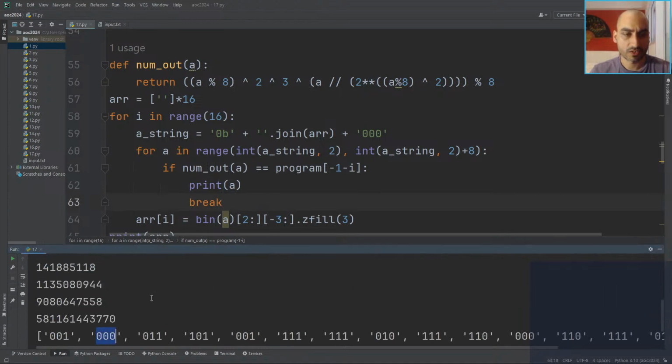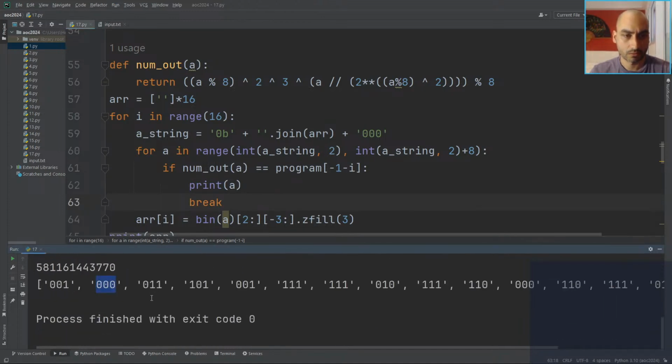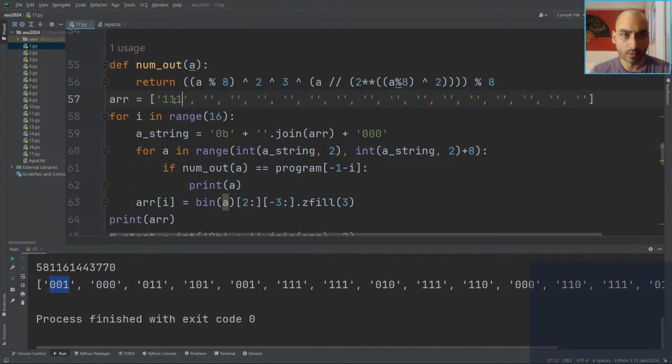We've got 0, 0, 0. Why did I not get that now? 0, 0, 1. Oh, that array was wrong. Yeah. Why did I have 1, 1, 1 there? We got 0, 0, 1. We know it's 0, 0, 1.